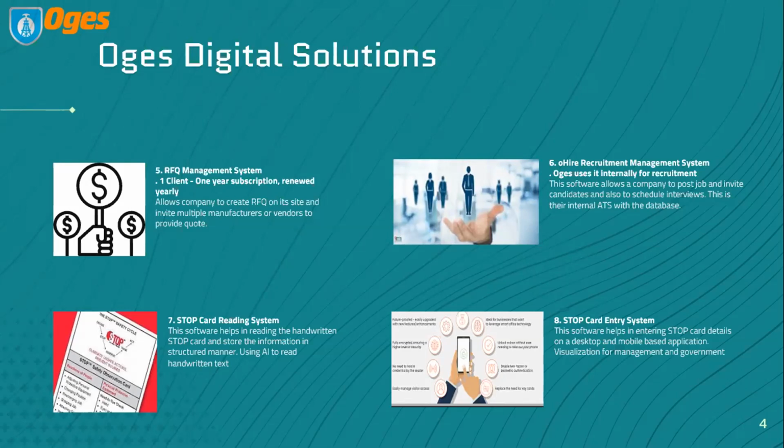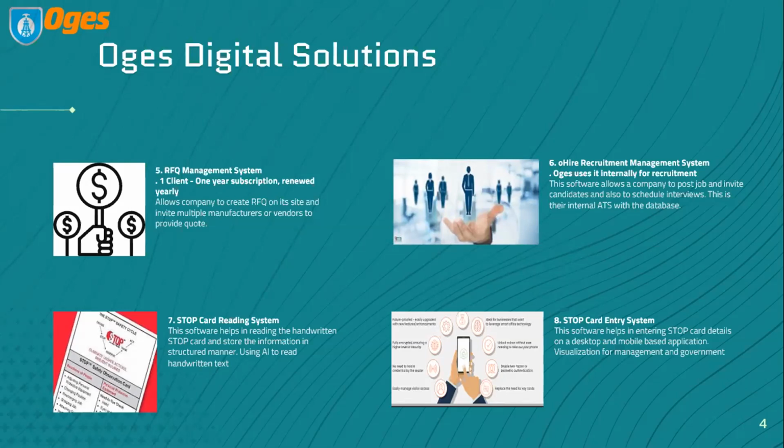The good thing about the system is, apart from the normal ATS, where obviously you can post jobs, invite candidates, and schedule interviews, you also get a database of your particular industry to choose from. If you have other databases, it helps in cost saving as well, because you don't have to pay for those.